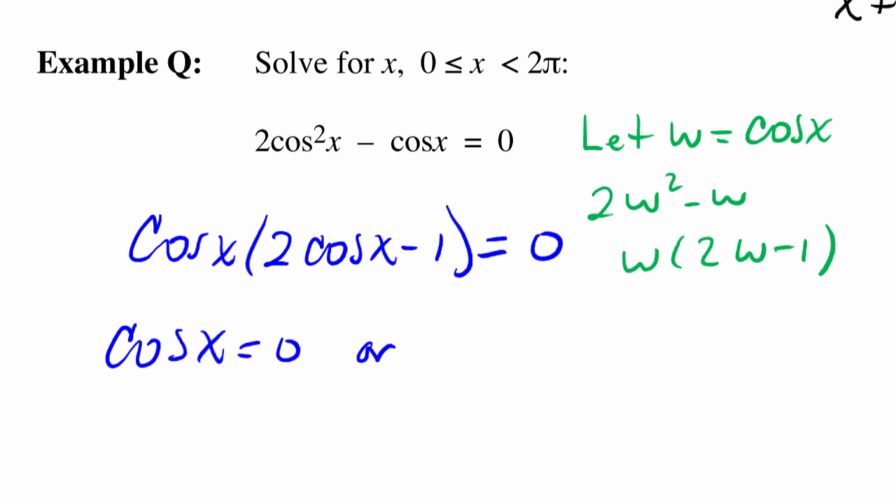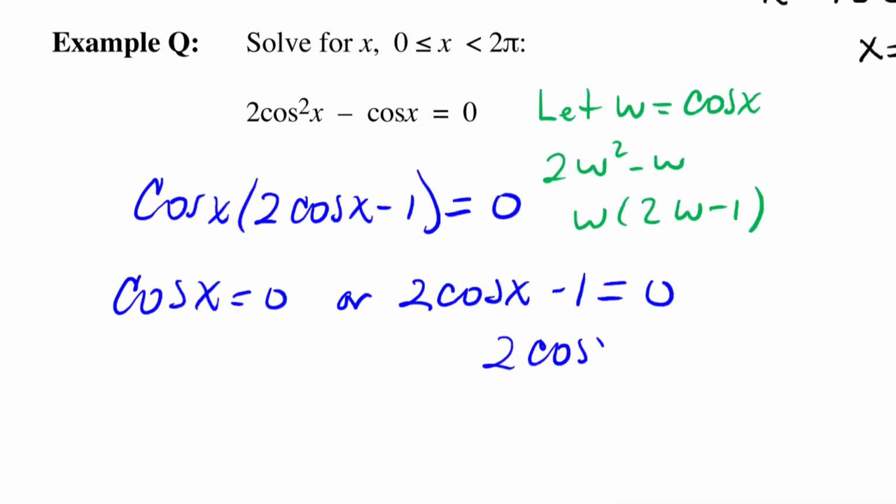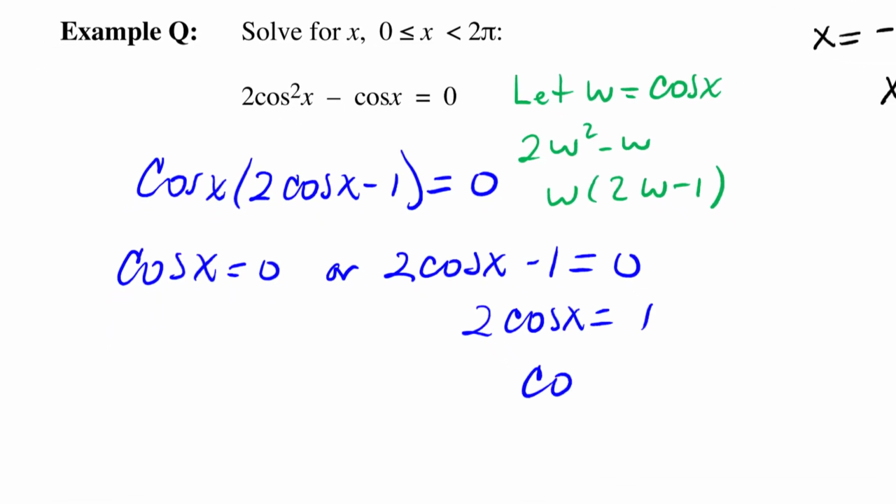Cosine x equals 0, or 2 cosine x minus 1 equals 0. In the second one, we will add 1 and then divide by 2 to find the cosine value. And we're looking between 0 and 2 pi. So we're looking for radian measures around the unit circle.